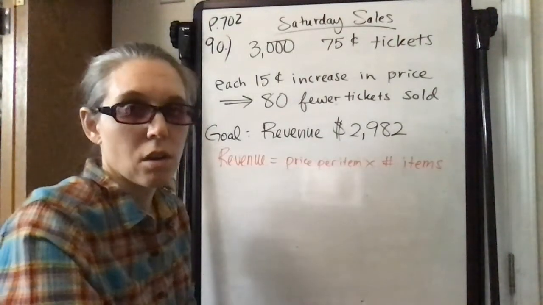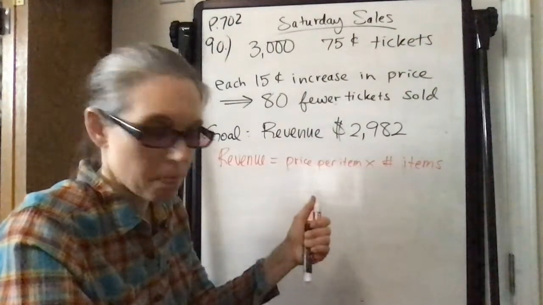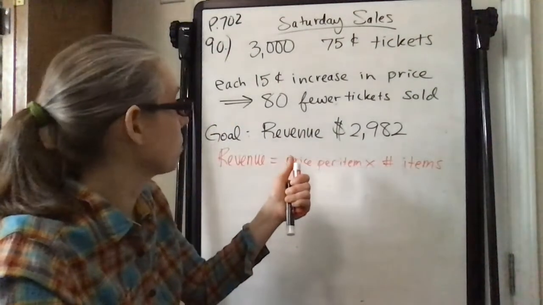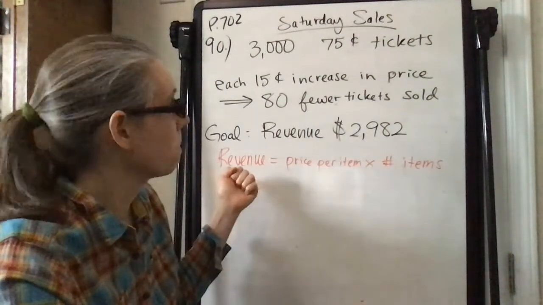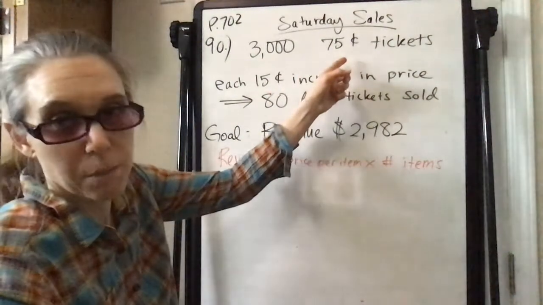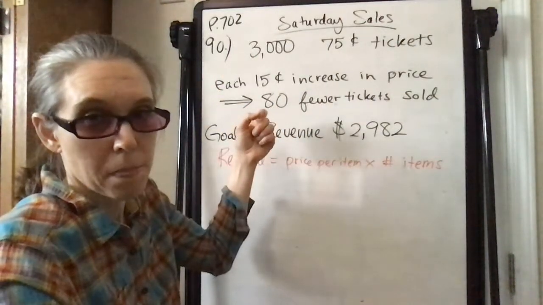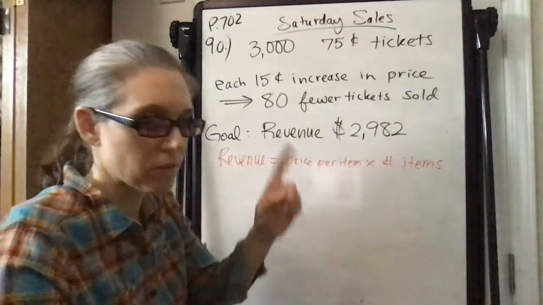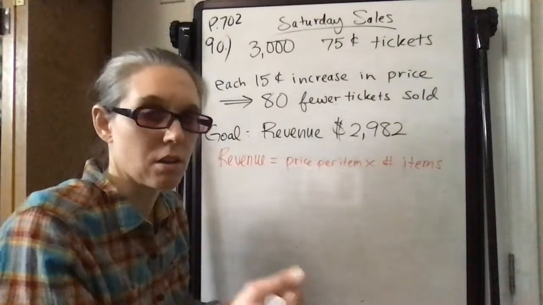So here, we want to try to figure out the change of price, what price we should use to get to this revenue. This is the target revenue. We're going to increase the ticket price, and that's going to decrease the demand. So what we have to figure out first is how many increments should we go up?